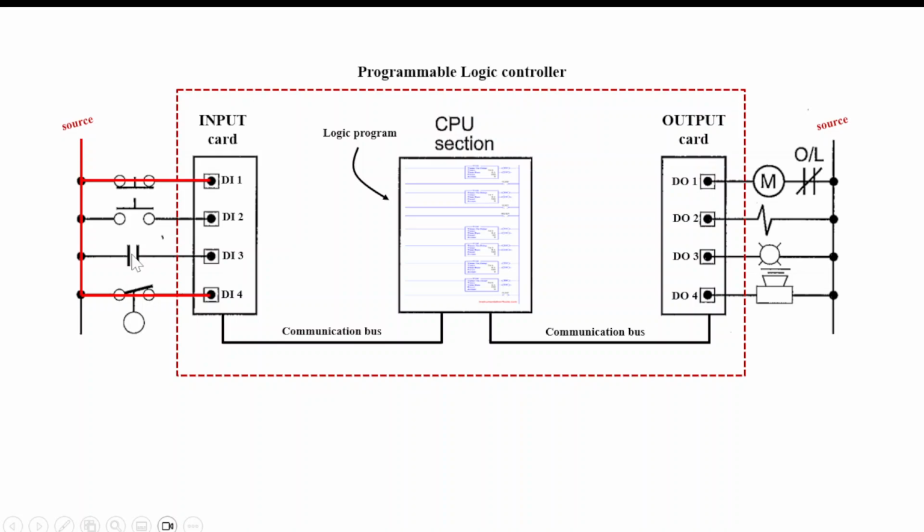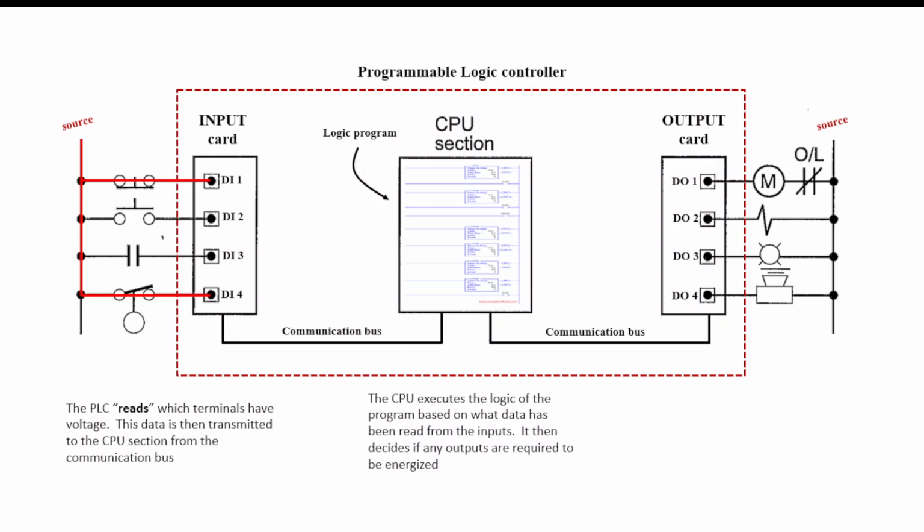This is a normally open contact, so no voltage would be going to DI3, and that's a normally open push button, so no voltage going to DI2. Now the PLC will read which terminals have voltage. This data is then transmitted to the CPU section from the communication bus.